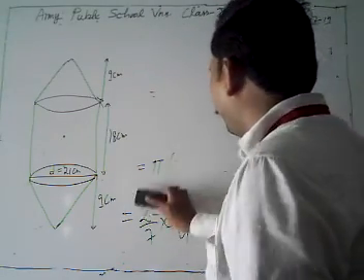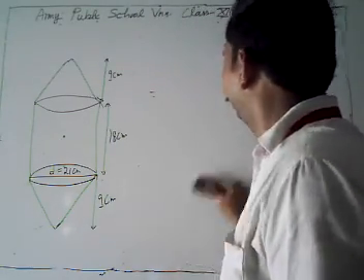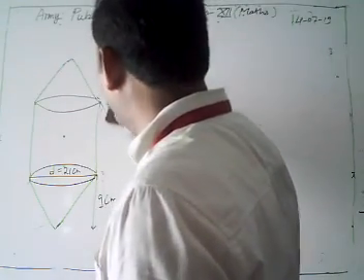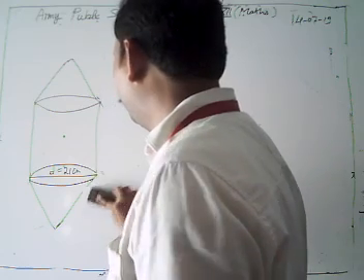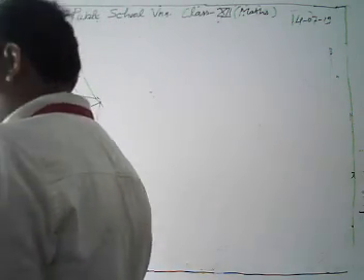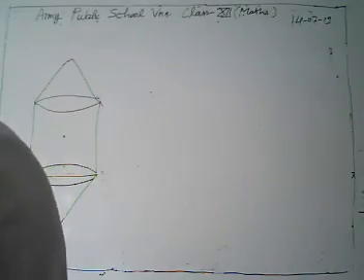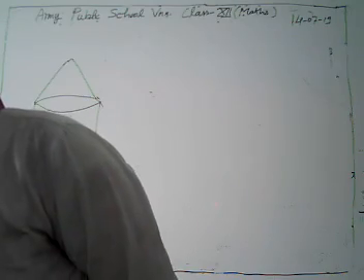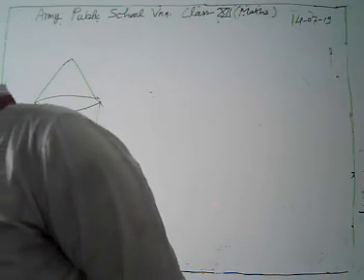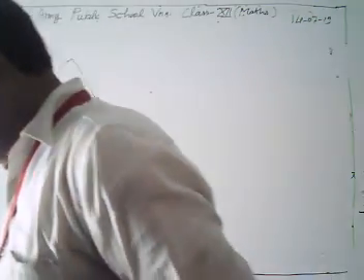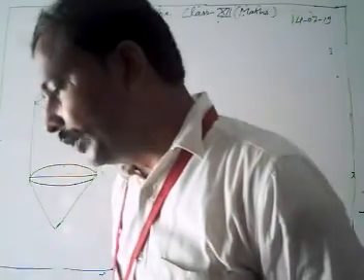Next problem is from the NCERT textbook. Rachel, an engineering student, was asked to make a model in the shape of a cylinder with 2 cones attached at 2 ends.